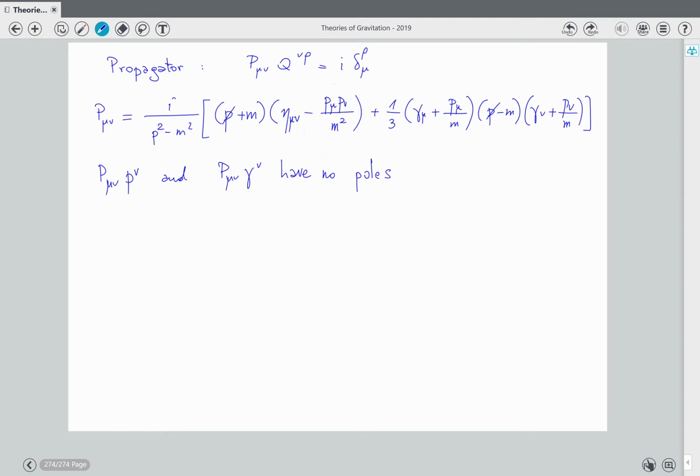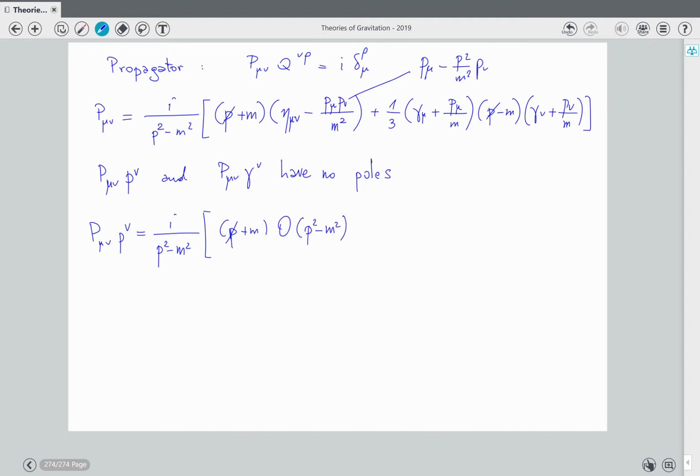So let's check P mu nu times p nu, and that is equal to what? i divided by p squared minus m squared. And let's see what we have in between. So if we multiply this by p mu, we have p mu, the usual thing we saw the other time. So this already goes away.